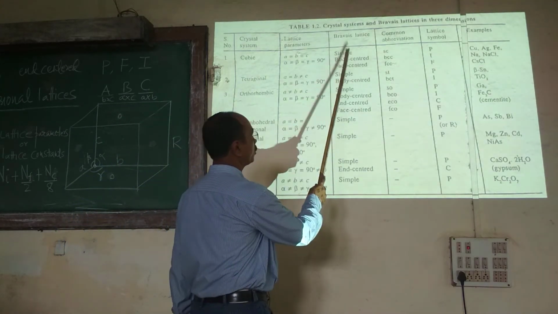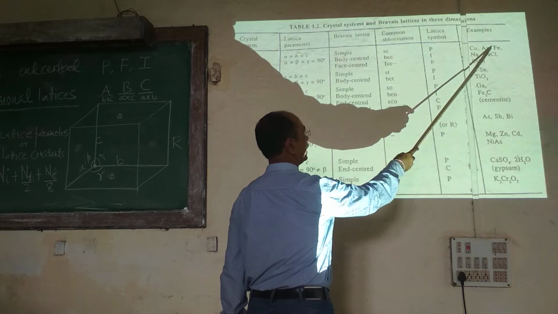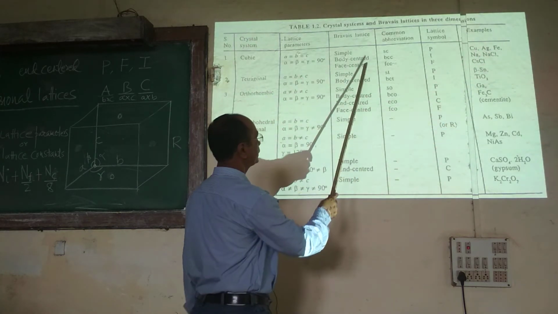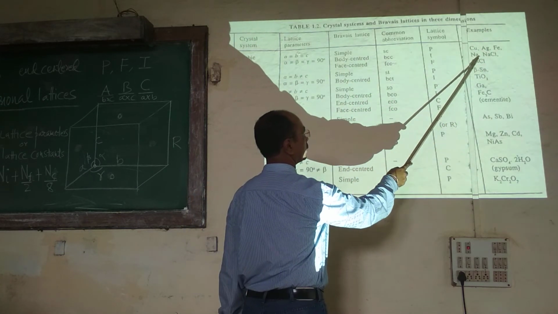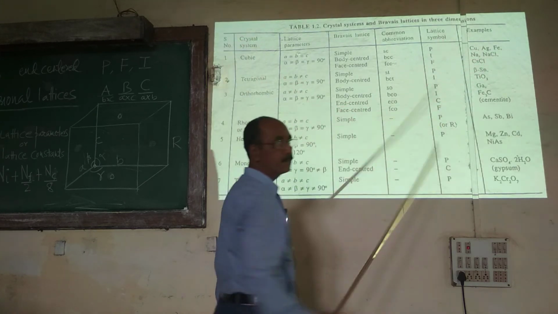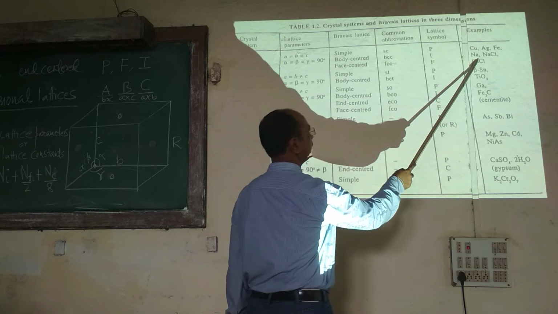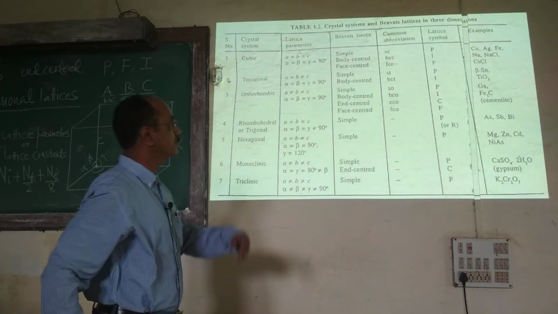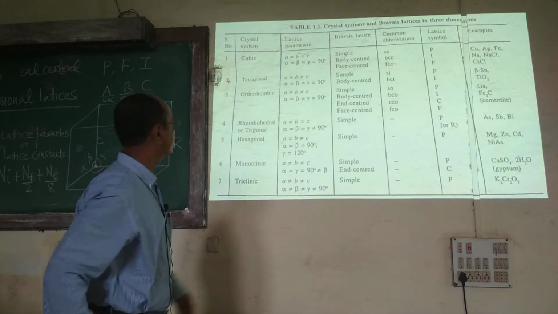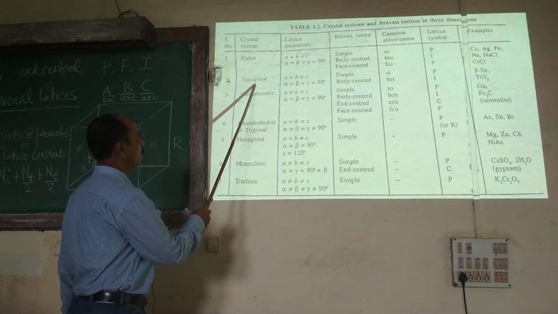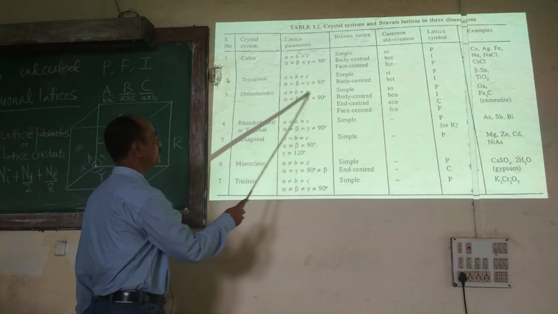For simple cubic, copper, Ag and Fe. Body centered cubic, sodium and sodium chloride, Na and NaCl. Face centered cubic, cesium chloride. Next is the tetragonal. These are the lattice parameters.